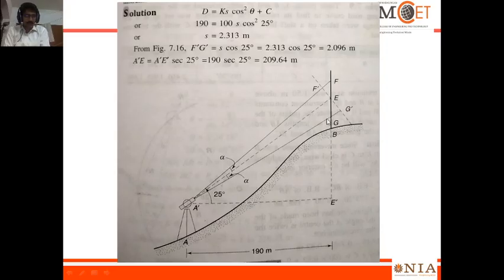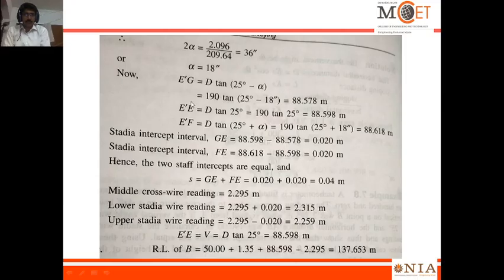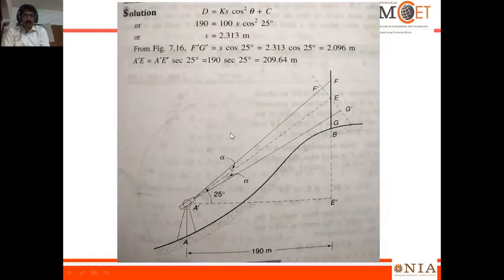It is again a right angle triangle, is equal to D tan 25 degree minus alpha. Why 25 degree minus alpha? Up to this is 25, this alpha to be deducted, since up to this only 25 degree. So we are calculating up to G only, right?